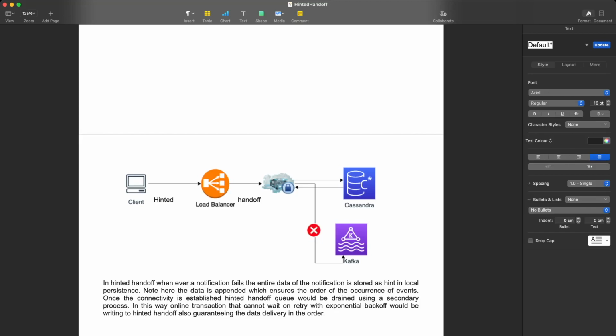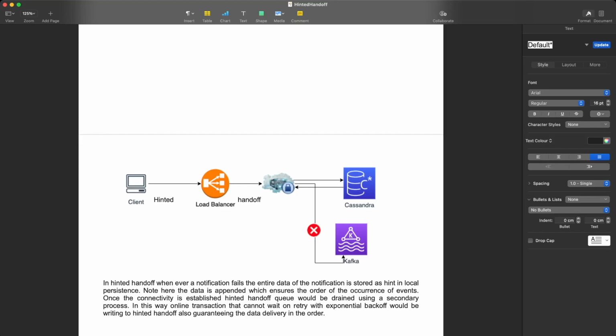Maybe Kafka is operating at load, or a network partition has occurred. But think of the situation where I have to respond back to the customer within 100 milliseconds for every request I receive.